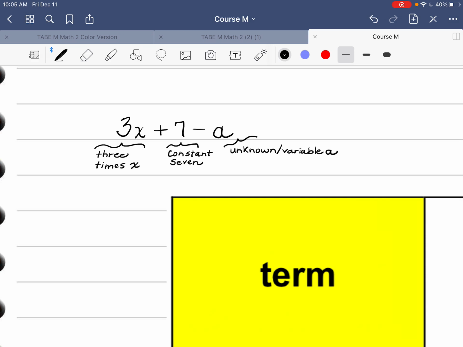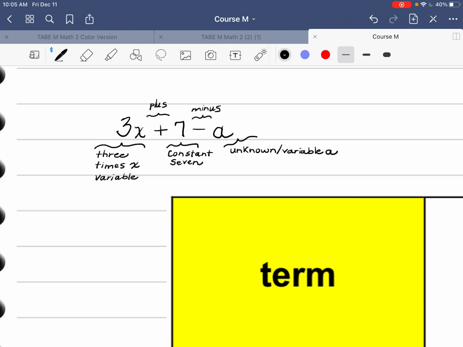It could be 1, it could be 1,000,000. I have no idea. This term is also variable, the 3x, because we don't know the value of x. So we have two variable terms and one constant term. Here's the plus sign. Remember, terms have to be separated by pluses and minuses, and there's a minus sign.